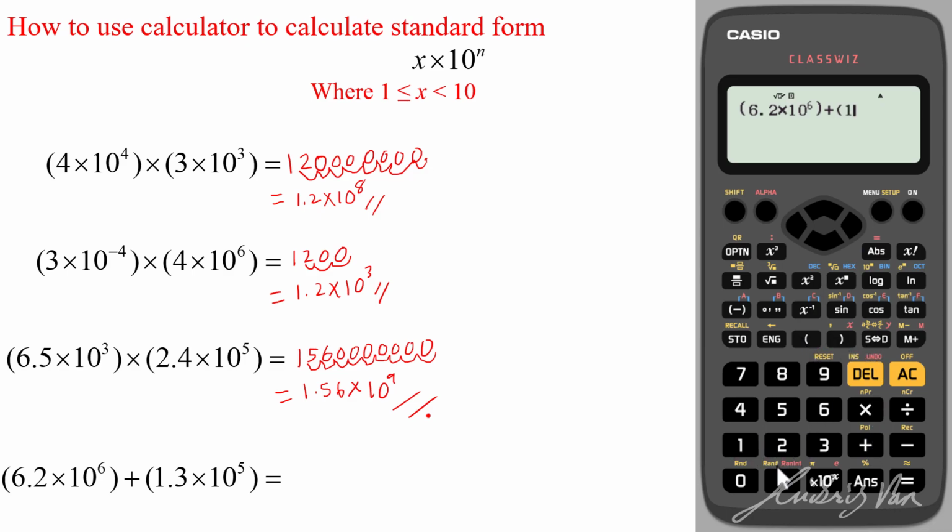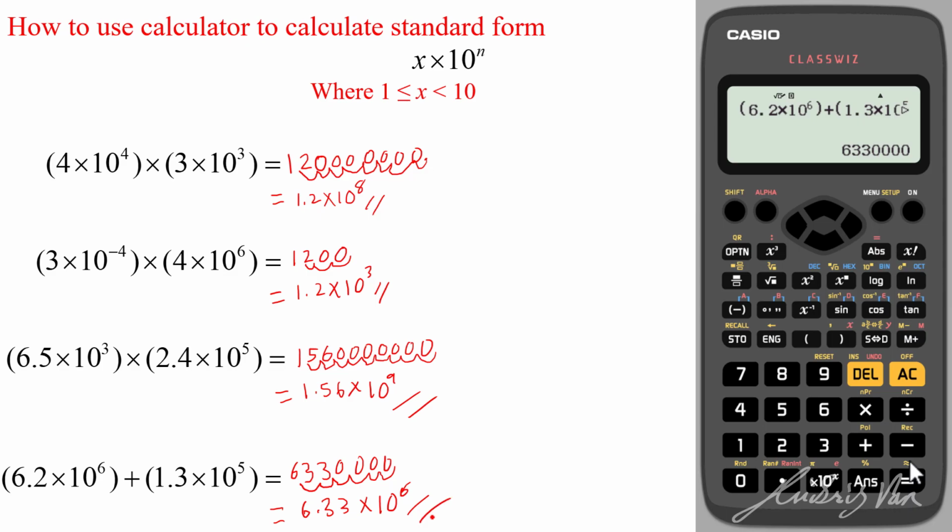Open bracket 1.3 times 10 to the power of 5, close bracket, equals 633, then 4 more 0, and to write them in standard form, 1, 2, 3, 4, 5, 6. So this will be equals to 6.33 times 10 to the power of 6.